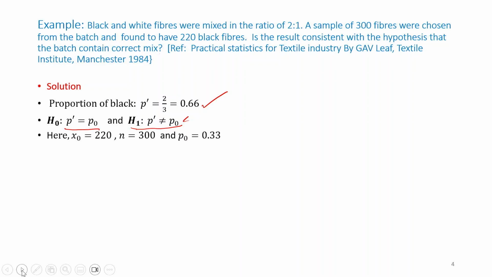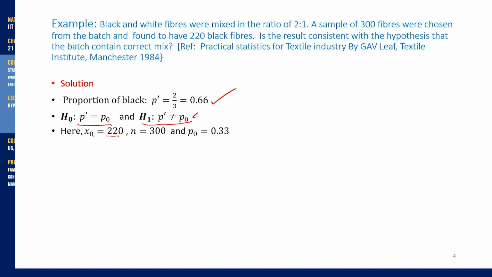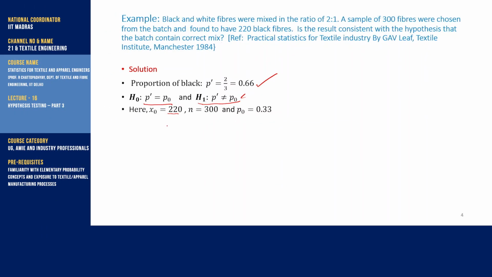Now, from the data that has been given in the example, we find the observed value of x. What is x? X in this case represents the black fibers, which are 220. The value of n is 300, total 300 fibers we have tested, and the value of P0 is 0.33.